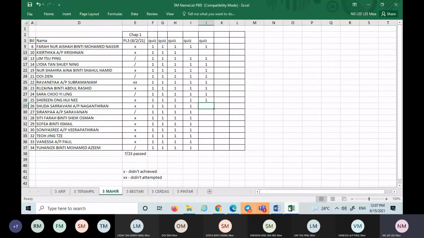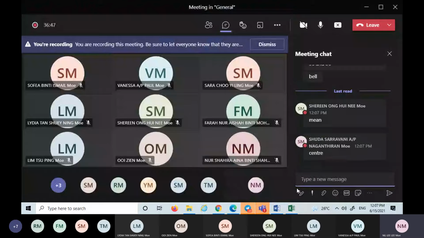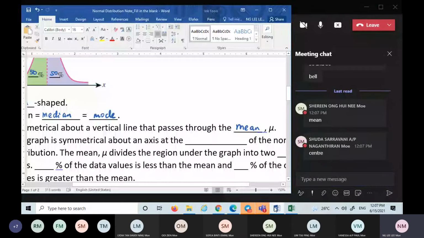Okay, next. Shuda again, I hope you are prepared. Center. Okay, very good. The axis of symmetry is at the center.